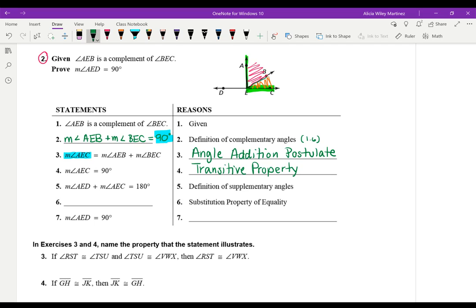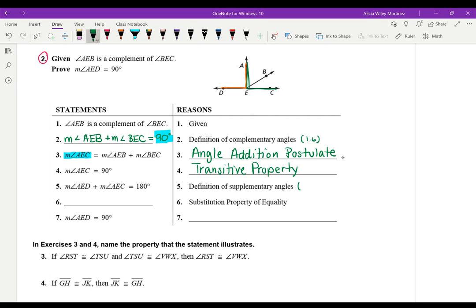Next statement says the measure of angle AED, I'm going to erase some of this stuff up here. The measure of angle AED, that's this angle here, and the measure of angle AEC, that's this one here. They're saying that it equals 180 degrees. That is the definition of supplementary angles.